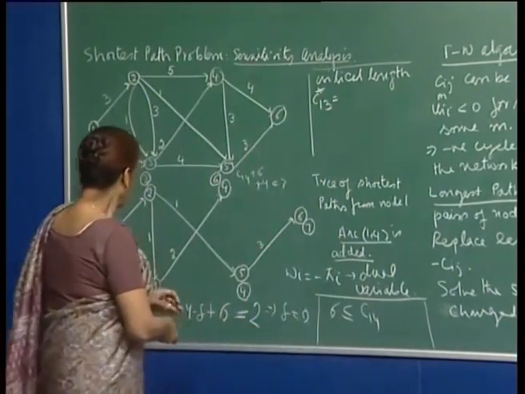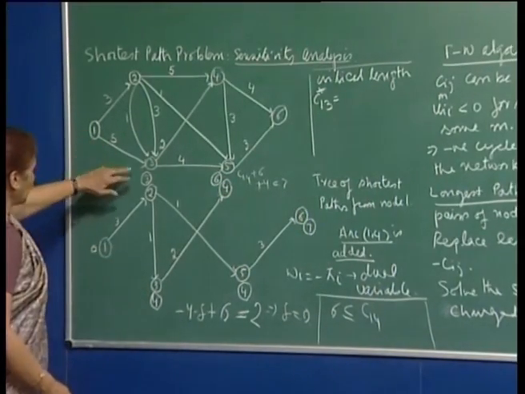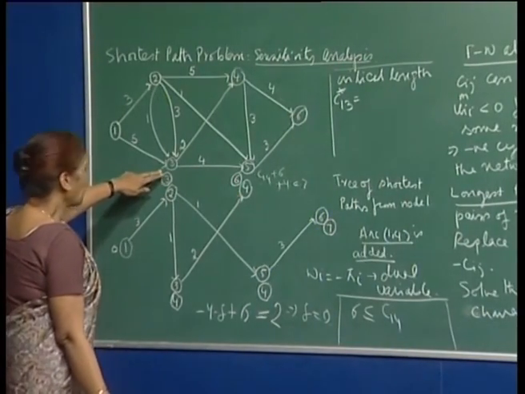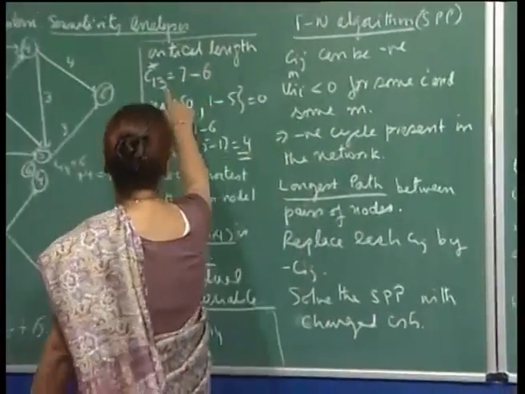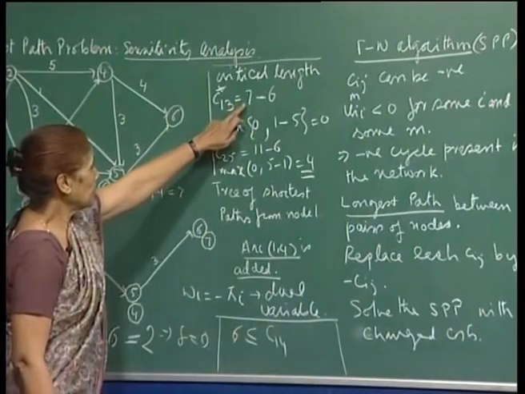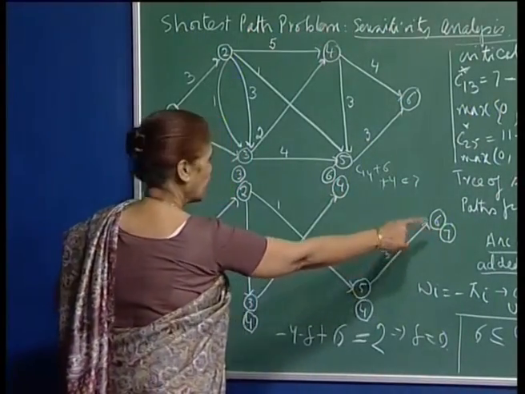What is your W 0? When this is 0, you see this is right now not figuring in the path. So, for C star 1 3, the critical length, W infinity of course is 7, because arc 1 3 is not figuring in the shortest path, and the current length is 7 from 1 to 6.